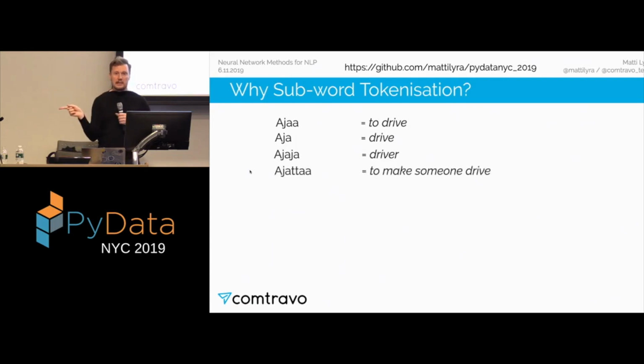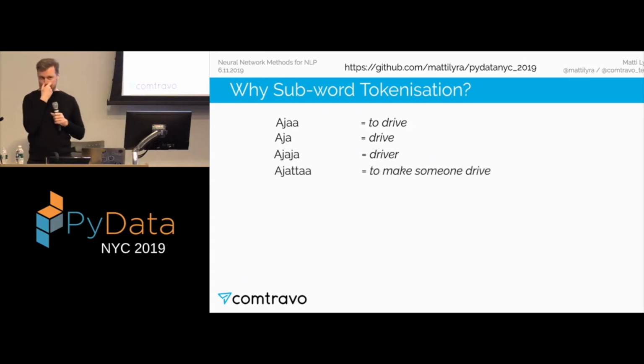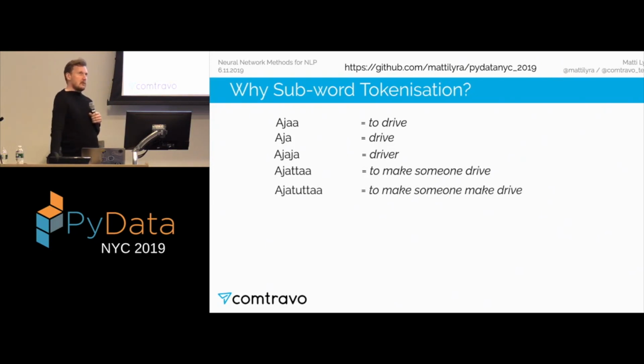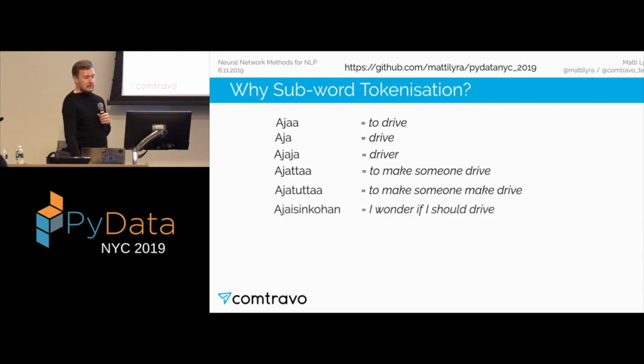Here's someone who makes the driver drive, for instance, the passenger in a taxi. Here's the boss of the taxi company making the taxi driver drive. It's a weird language, but it's also a wonderful language. I recommend that you all learn it.